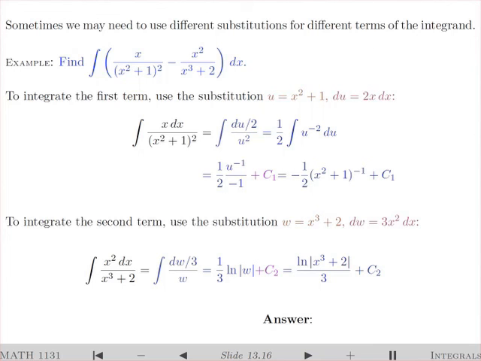Since we don't really know what C1 and C2 are, all we can say is that it's C1 minus C2, just some constant of integration. So that gives me negative 1/2 (x squared plus 1) to the power negative 1, which I've written as a fraction, minus ln of the absolute value of x cubed plus 2 over 3, plus a constant of integration. This concludes the discussion of this example.